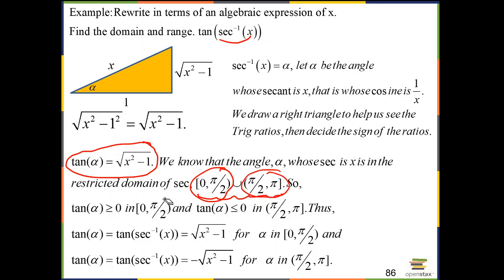That means we have to pick the positive square root if alpha is in 0 to pi over 2, and we have to put a negative before it if alpha is in pi over 2 to pi, right? So that's how we're going to get this. We got two different expressions depending on where alpha is. All right.